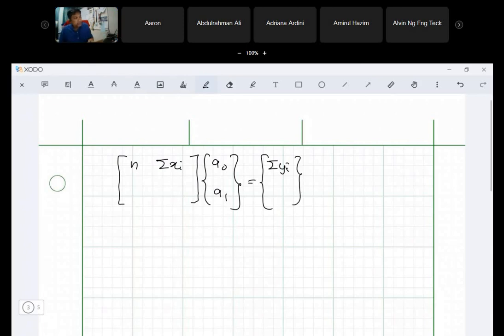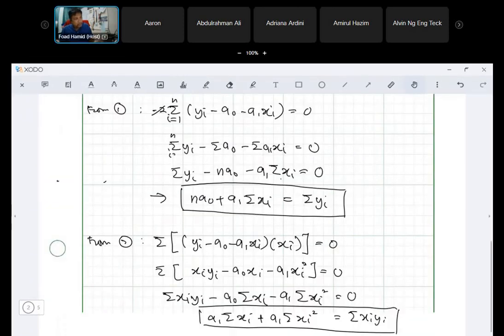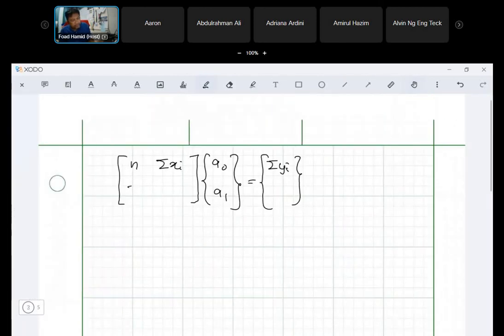And of course the second equation is just this one. This should be a0. So this is summation of xi, and this is summation of xi square, and this should be summation of xi yi.